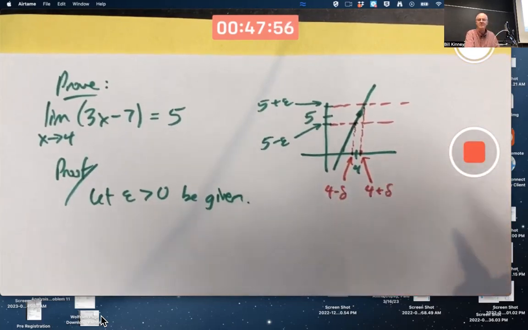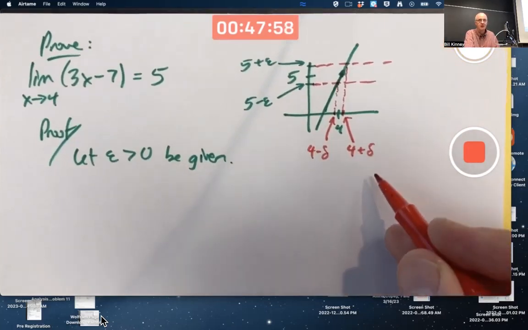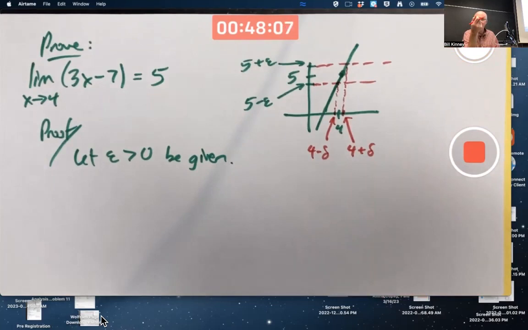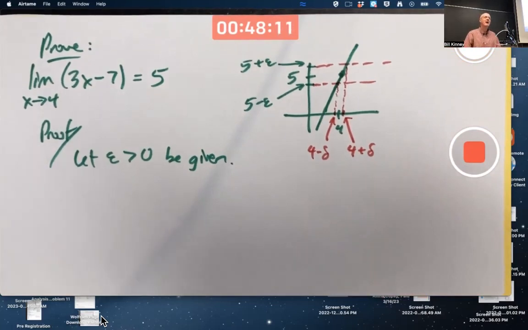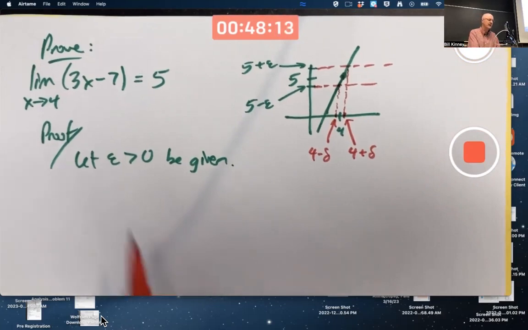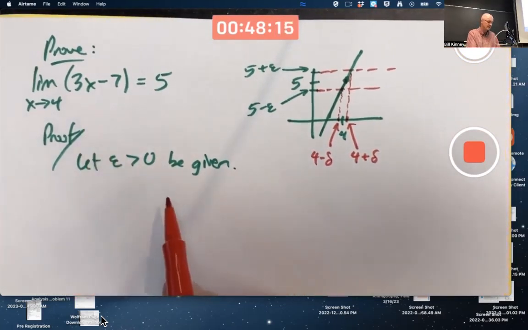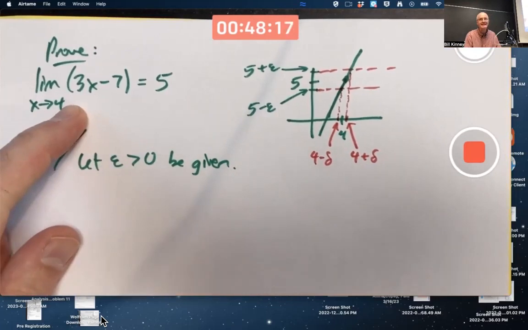What's delta? Well, first of all, notice it's a lowercase delta, not a capital delta. It's not like a triangle. What is it? Delta is the measure of sufficiently close to 4. And without going into details about why, I hope it's a little bit intuitive. With a linear function, you want to choose delta to be epsilon over whatever the slope is.